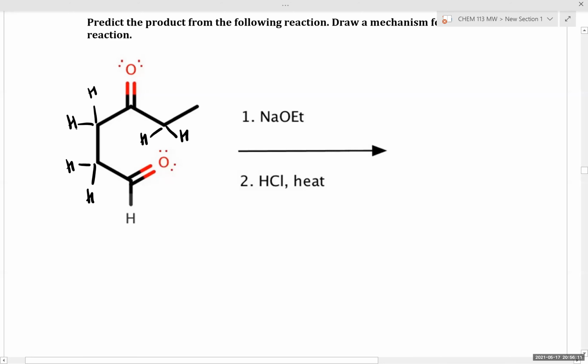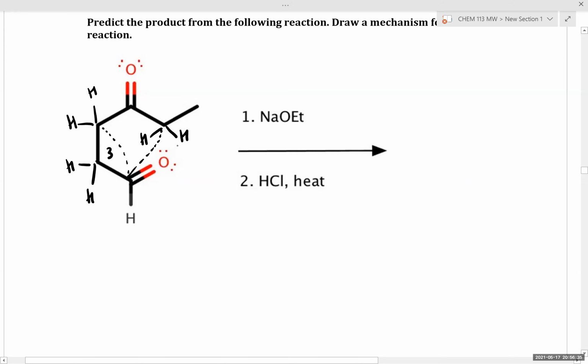So we have this carbonyl compound. We have multiple acidic alpha positions. Which alpha position leads to a productive reaction? I like to draw some dotted lines and just count my ring size. So this would be a 3-membered ring.